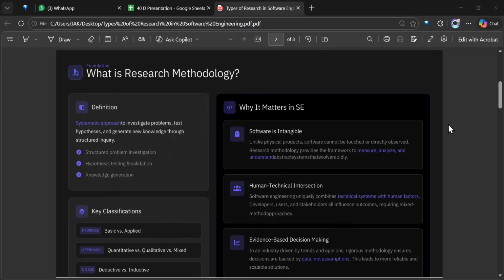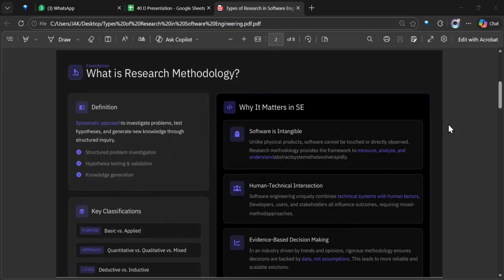Now, why does this matter, especially in software engineering? Two reasons. First, software is intangible. Unlike physical products, you can't touch it or directly observe it, so we need frameworks to measure and analyze it. Second, software engineering sits at an intersection of technical systems and human behavior.